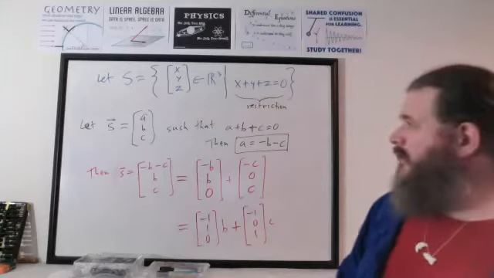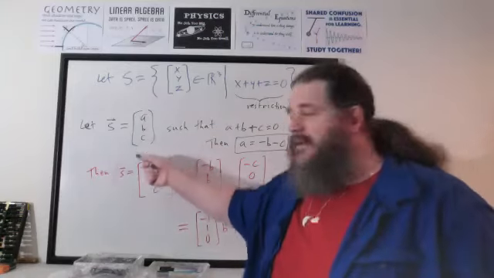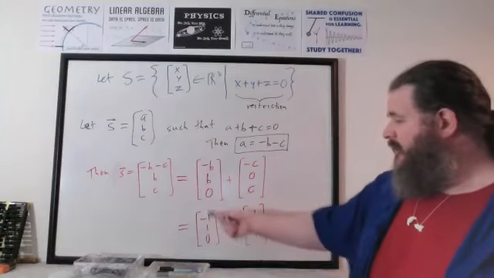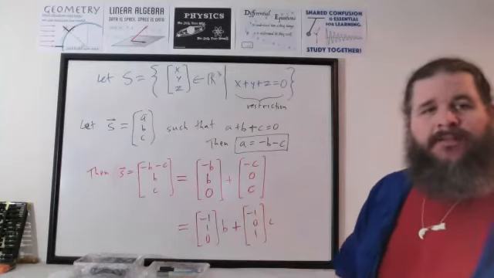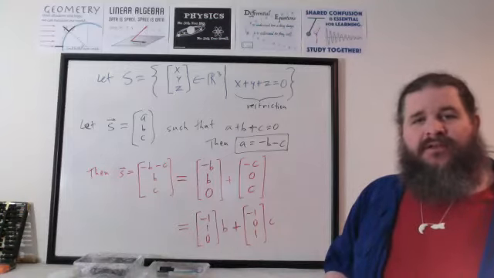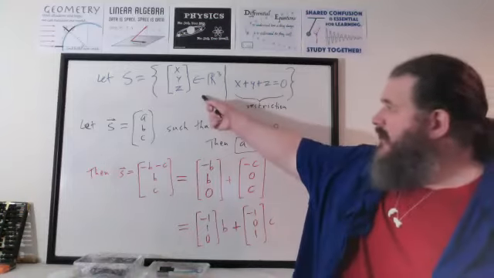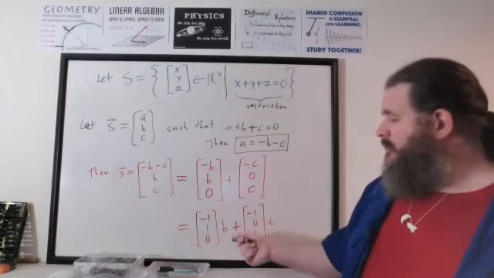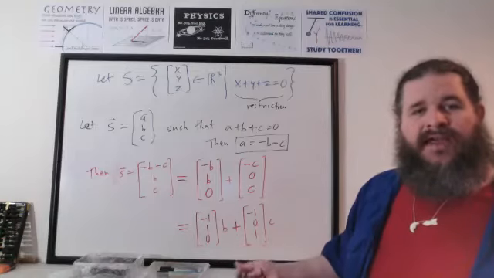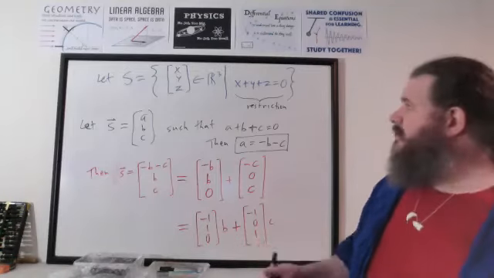But also what we've just found is that if S is any vector that makes it true, then that vector can be written as a linear combination of this vector and this vector. So we've just found what we call a basis for set S. That is, every vector in set S can be written as some linear combination of this vector and this vector. In other words, S is the span of these 2 vectors.